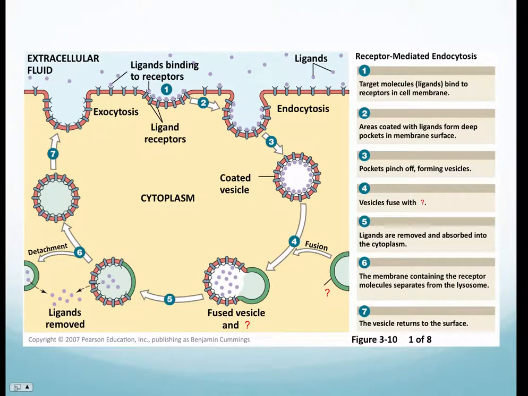Okay, so we can either allow these large components to come in just by coming in this direction, and the membrane can pinch it off, or these substances can bind to receptors, and by doing that it'll initiate a chain of reactions to bring this substance within the cell.